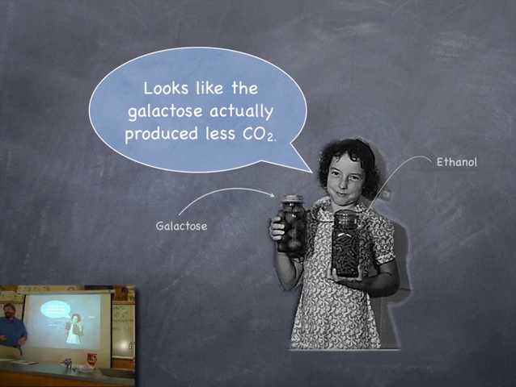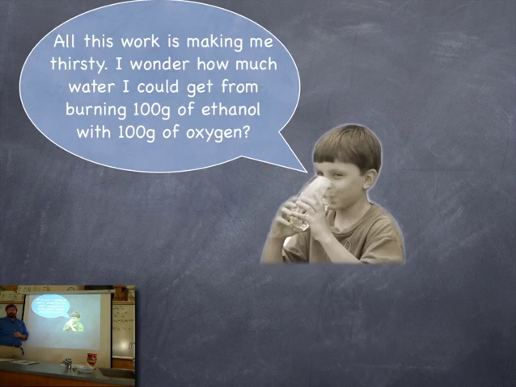No, all right, so tomorrow we're going to spend some time practicing these problems. I have some worksheets to work on. But on Thursday, we're going to do our last bit here, which is we want to be able to answer this question. Okay? If I burn 100 grams of ethanol with 100 grams of oxygen, how much water could we make?